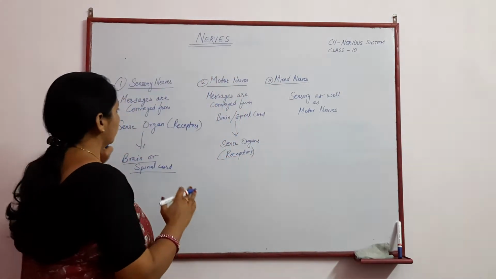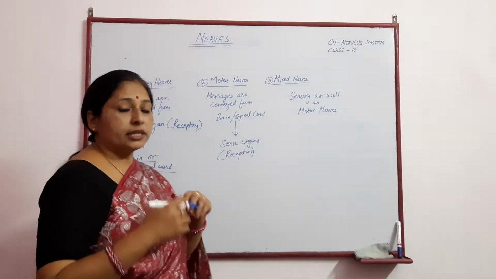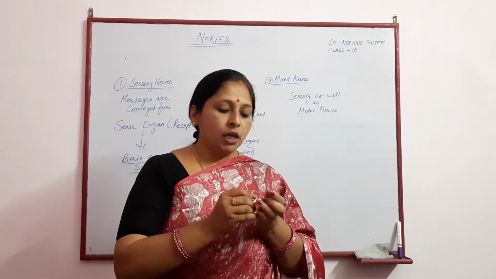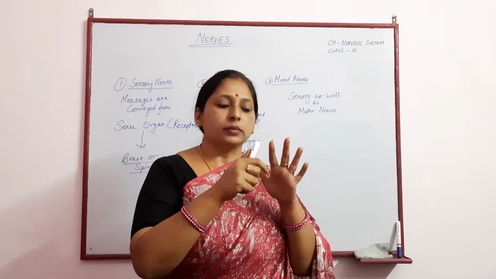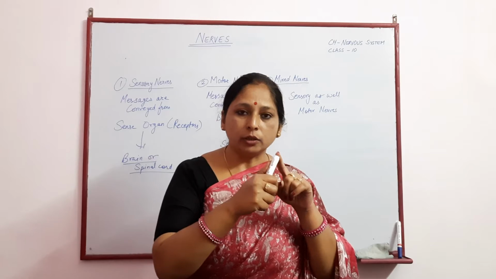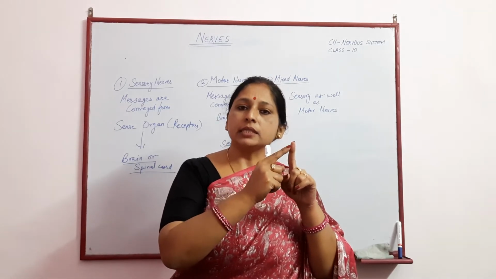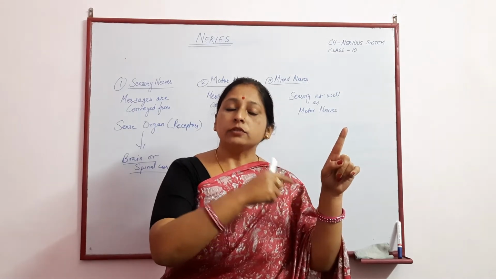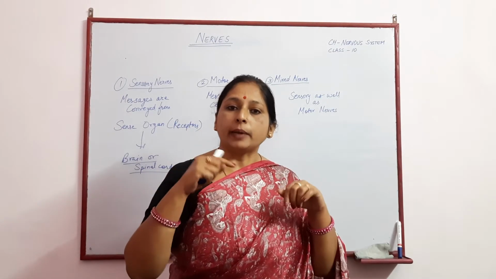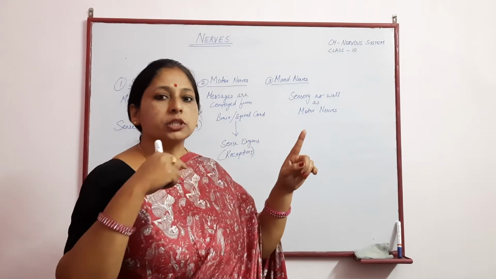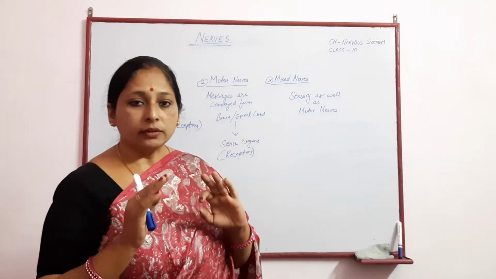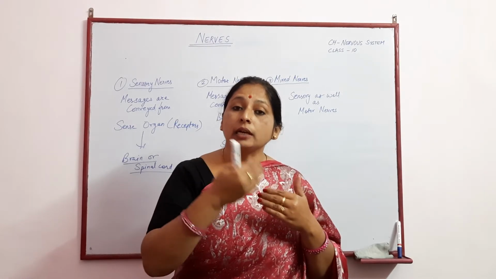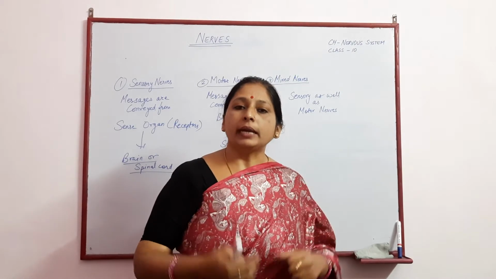The first was the sensory nerve. It receives messages from the sense organ. Suppose I have touched a pointed object, then the message is transmitted from this area through the sensory nerves to the brain or spinal cord. So this transmission is via sensory nerves. Now a message comes from the brain to pull my hand back.